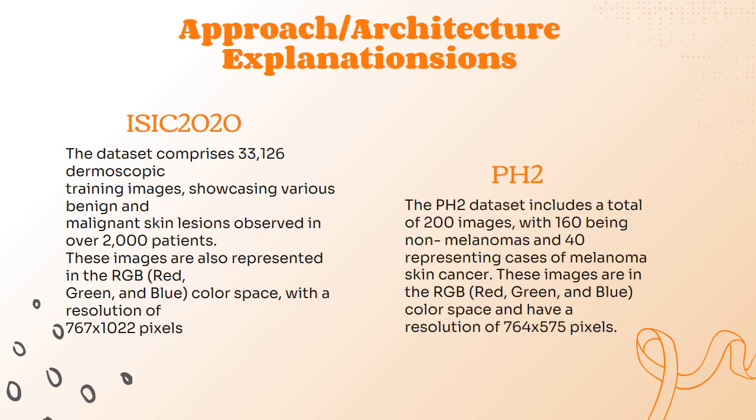PH2 includes a total of 200 images with 116 benign and non-melanomas and 14 representing cases of melanoma skin cancer. These images are in the RGB color space as well, and they have a resolution of 764 by 575 pixels.